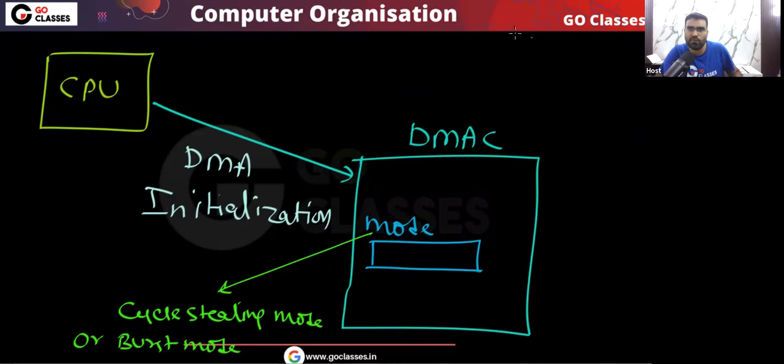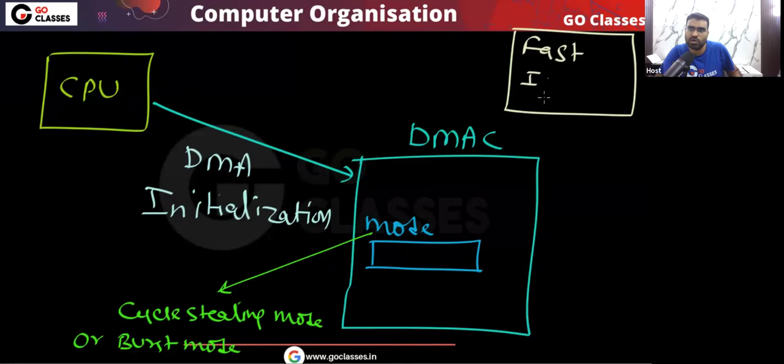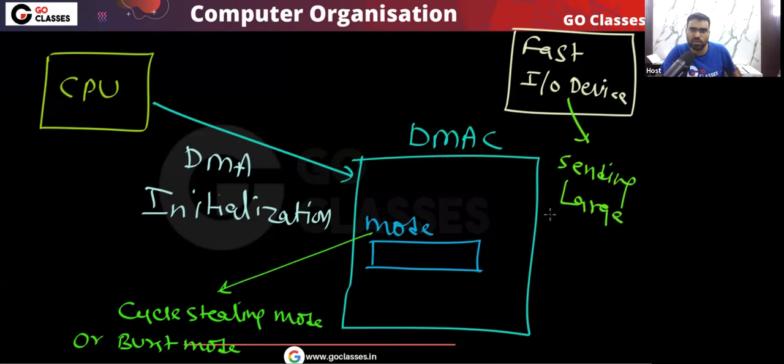Let's assume you have a fast IO device, and a large chunk of data is coming. A fast device sending a large amount of data.